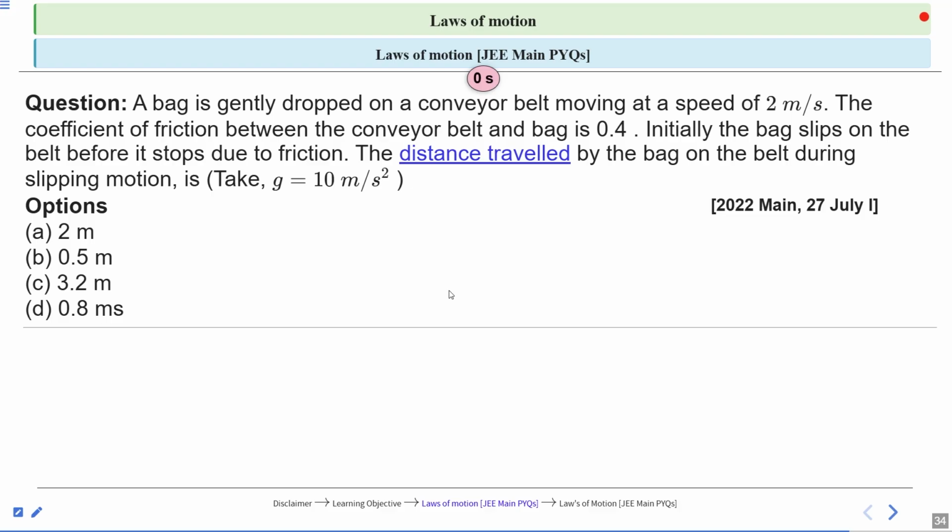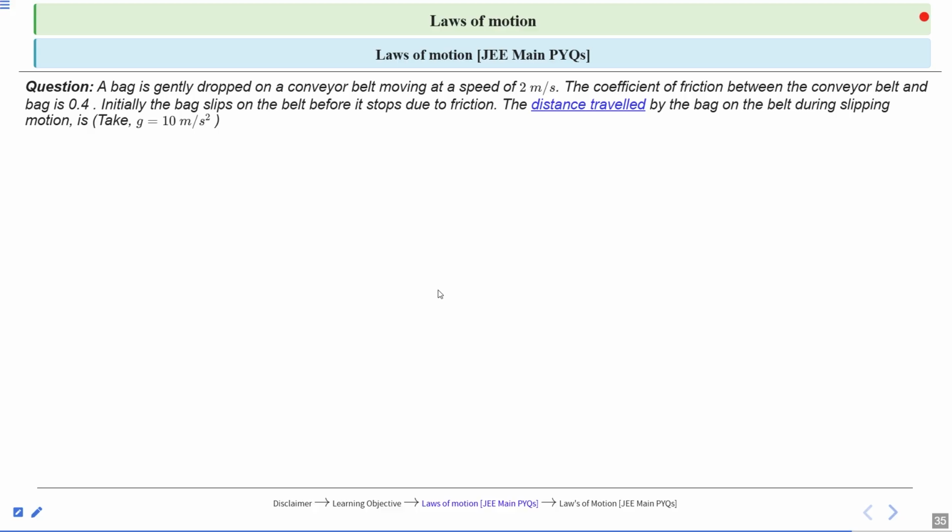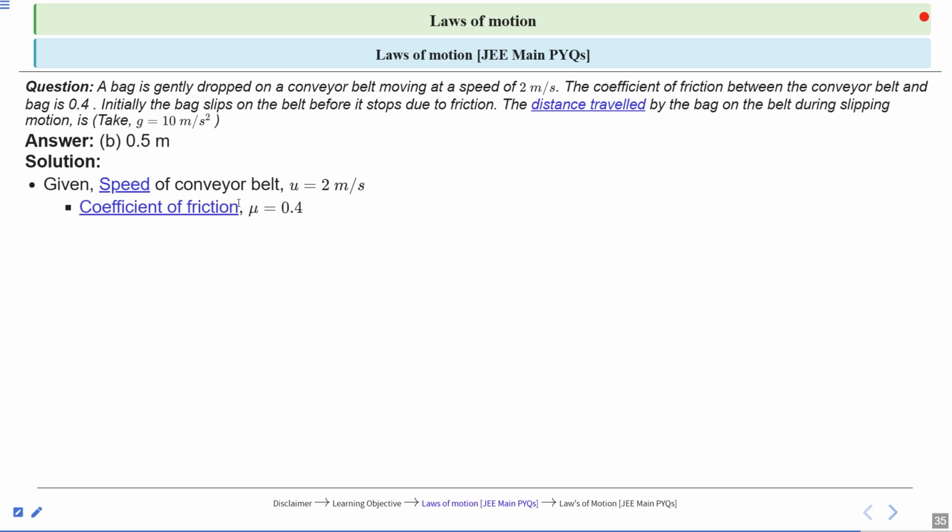Let's see the solution of this question. The correct option is B, 0.5 meter. Solution. The given speed of the conveyor belt is 2 meter per second. Coefficient of friction mu is equal to 0.4, and acceleration due to gravity g is equal to 10 meter per second square.